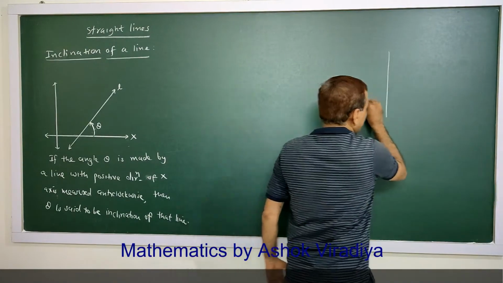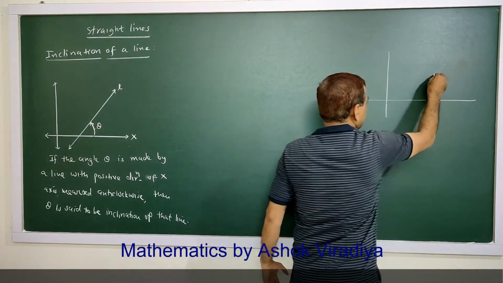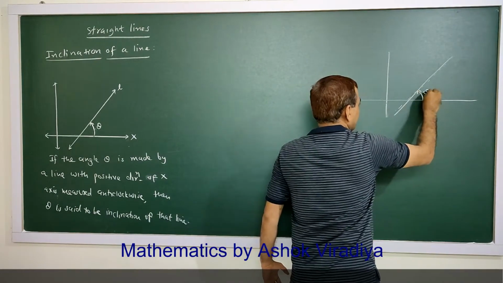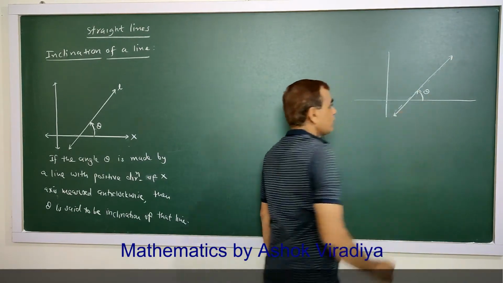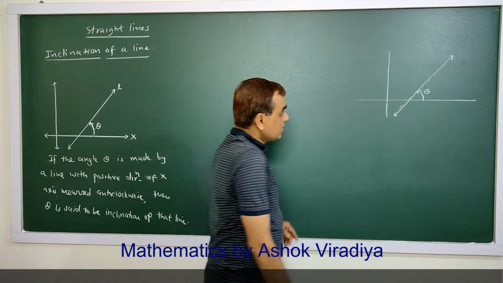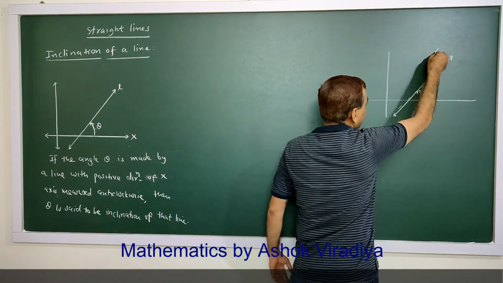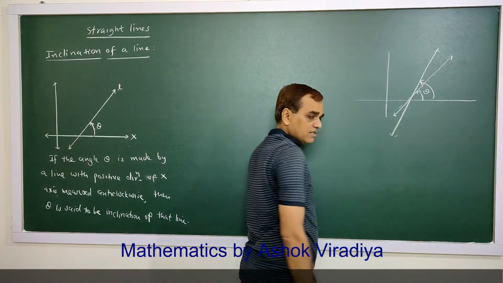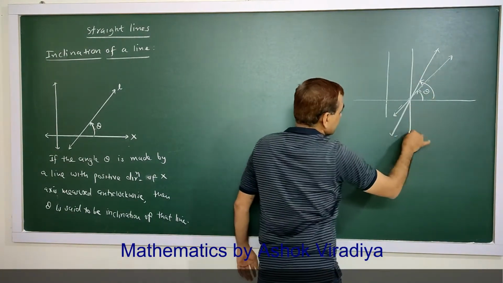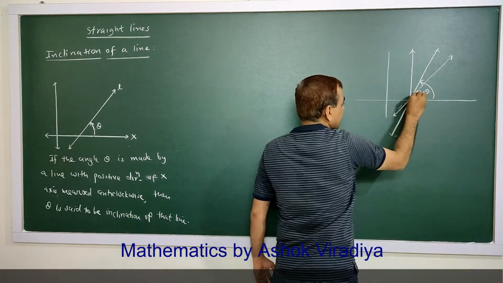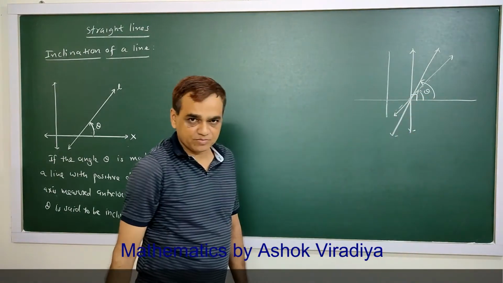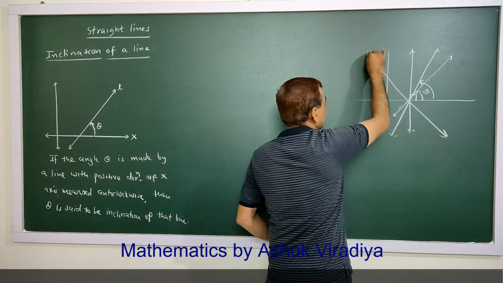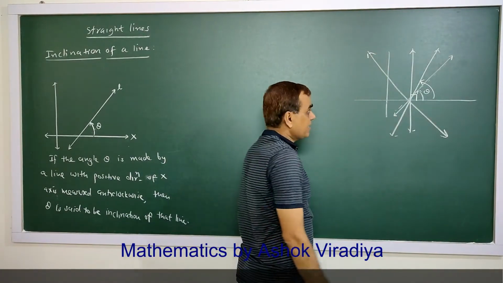Here, in this diagram, this is the theta measured in anti-clockwise direction. Now I am taking this line upward, so theta is increasing. Now this line is vertical, so this theta is 90 degrees. Now taking theta more than 90, say the line is in this direction.